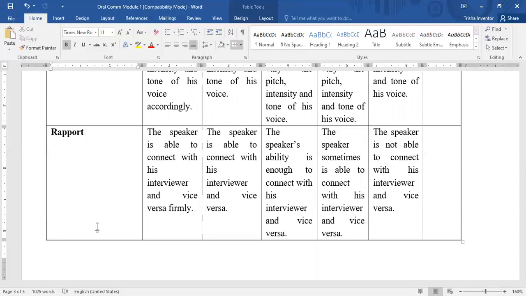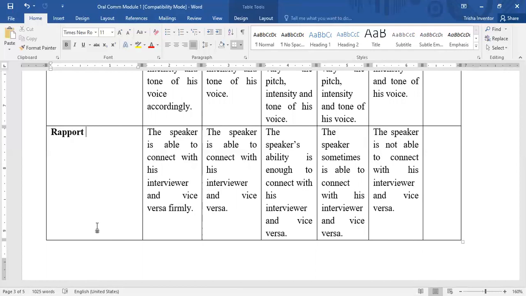Like, are we connected in our conversation, are we connected with each other? Rapport is how well you communicate with your fellow human beings, okay?